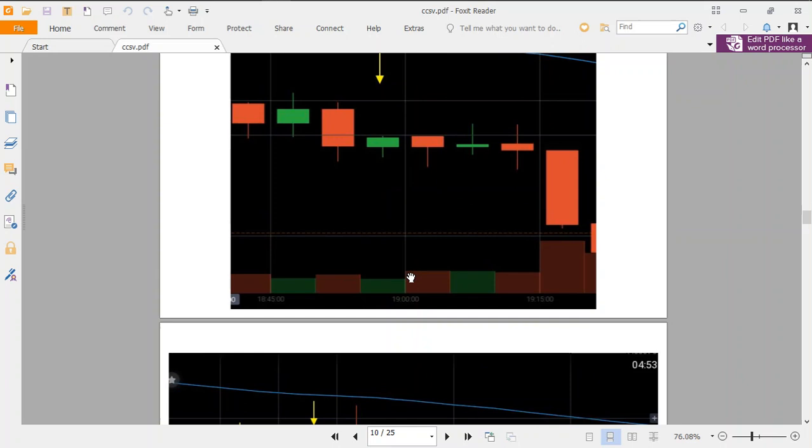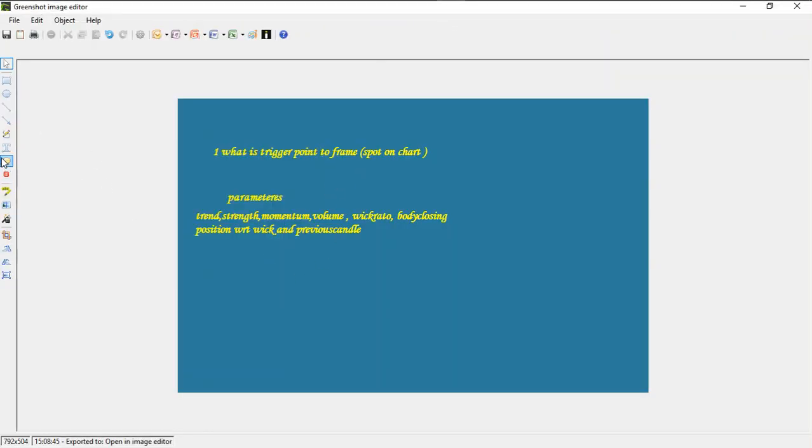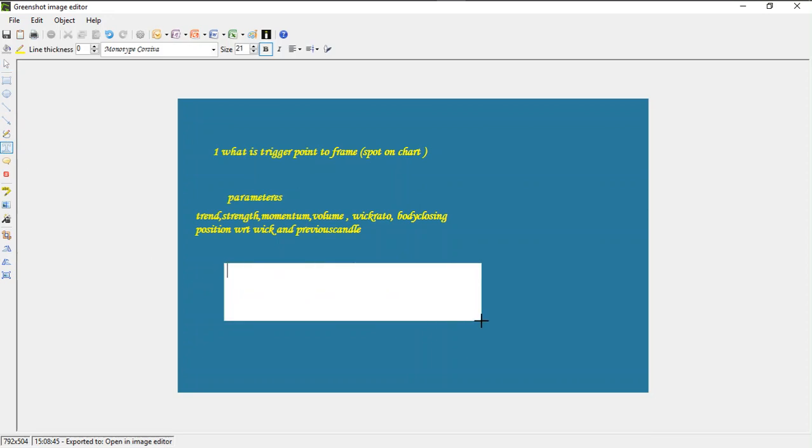So in such a manner we are making the rules, and we are making rules for various conditions like trending, ranging, uptrend and downtrend.